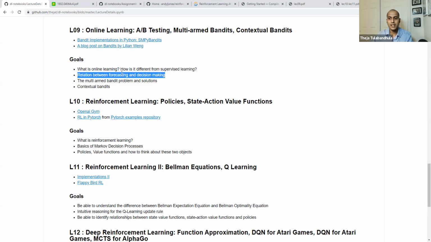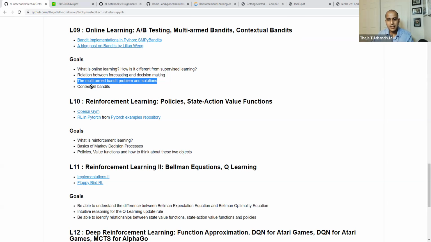It has to be tied to downstream consumers, or downstream tasks which consume these predictions to do something valuable for the firm. Last time we looked at the multi-armed bandit problem, we defined it and saw a few solutions. Today I'm going to continue talking about Thompson sampling and the conjugacy idea.